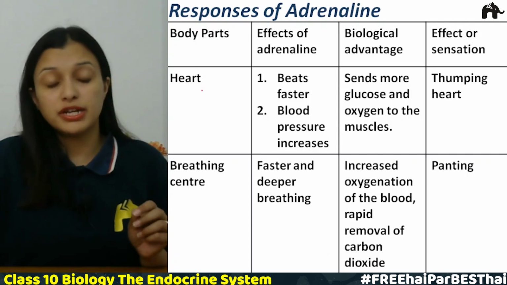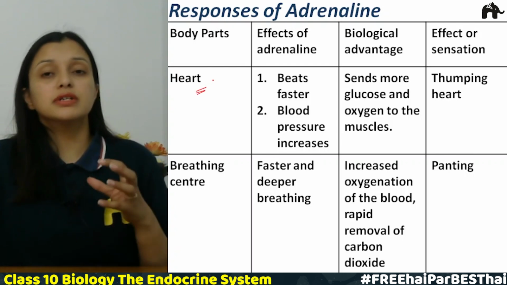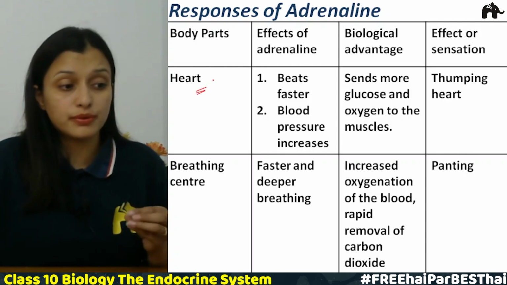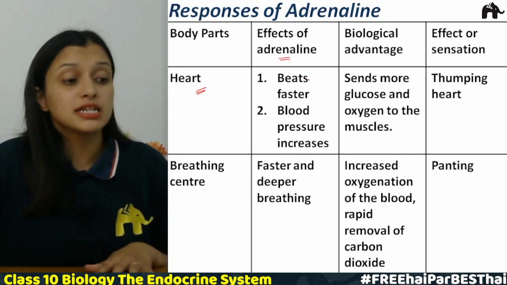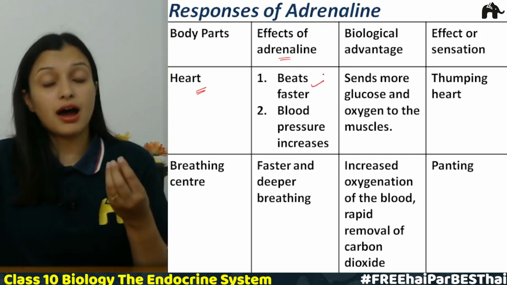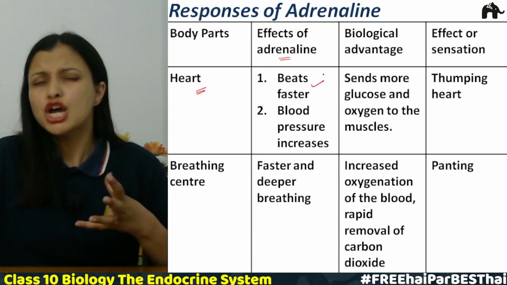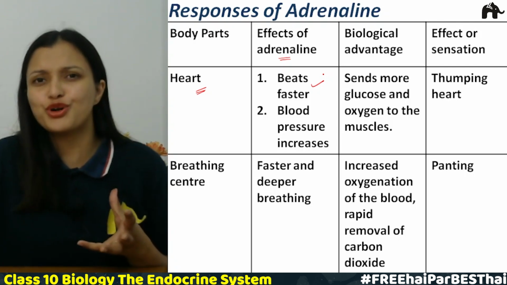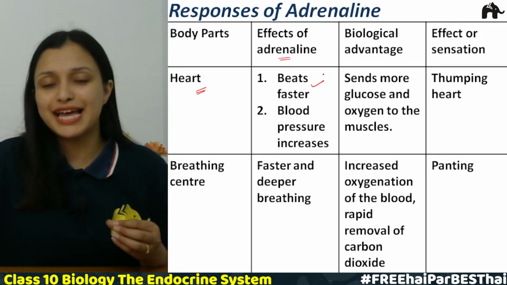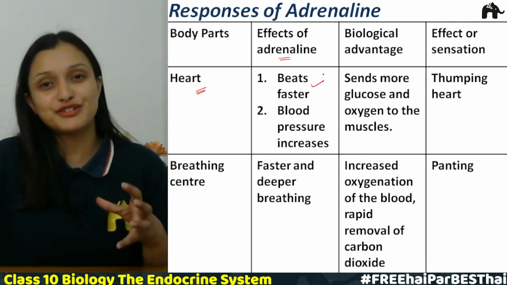So the first body part is heart. Whenever the adrenaline hormone increases or is secreted by adrenal glands, our heart actually beats faster, right? So think about an emergency situation. You saw a snake, right? So what will you do? I always take an example of a dog whenever I teach nervous system.